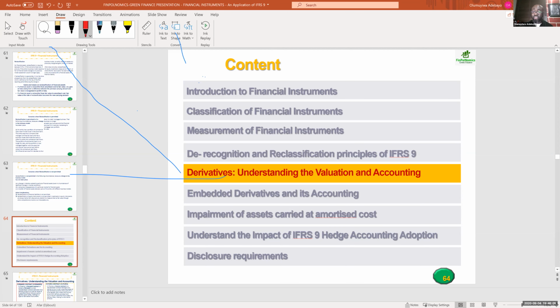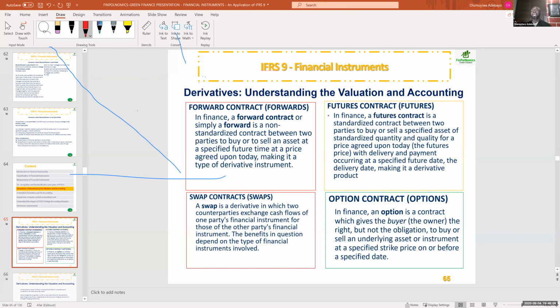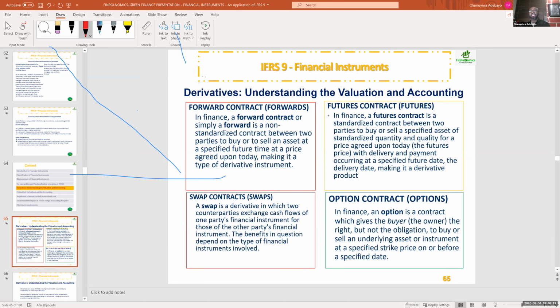But what matters at this point, which we are to discuss, is how do we measure a derivative, and how do we account for such a measurement? Now, if you remember earlier in our discussion in series 2, which is part 2 of financial instruments, we said all financial instruments upon initial recognition must always be measured at fair value, which means derivative is not an exception.